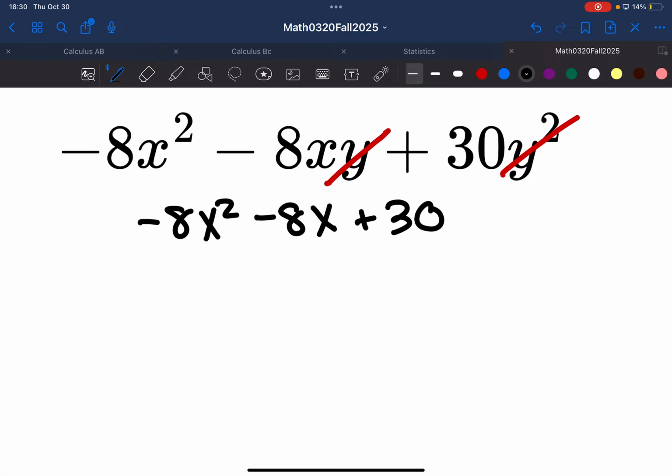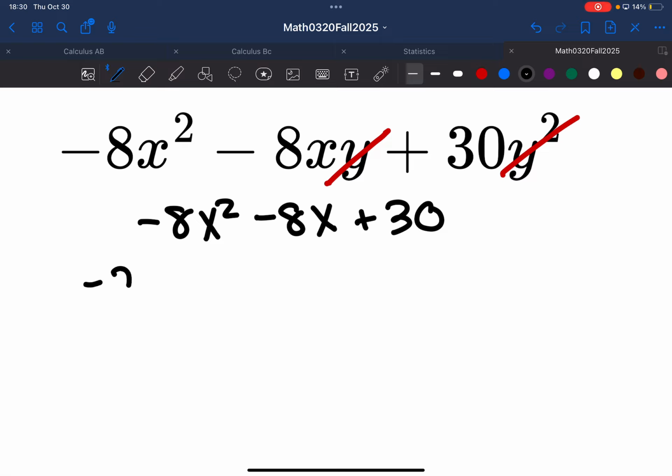And then what else is in there that we don't typically like? A negative in front of the x squared. So that means we need to try to take out a GCF.